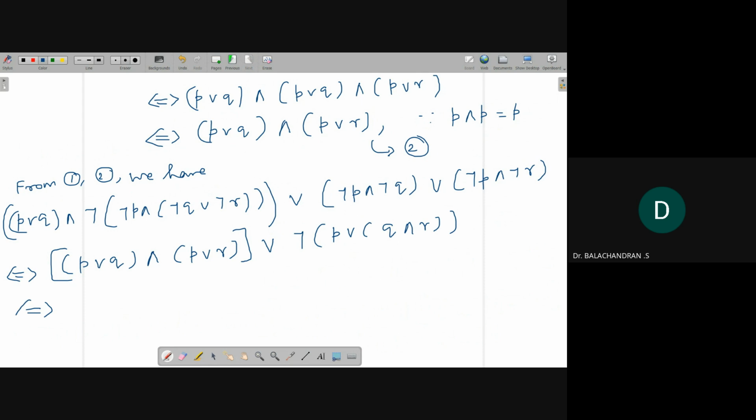This is equivalent to, again I am going to apply distributive law, and here P or, P or.